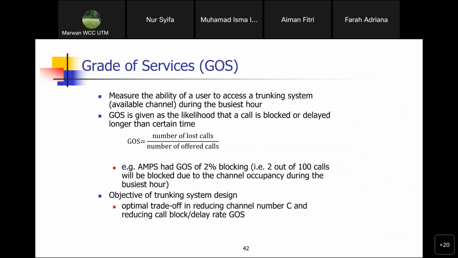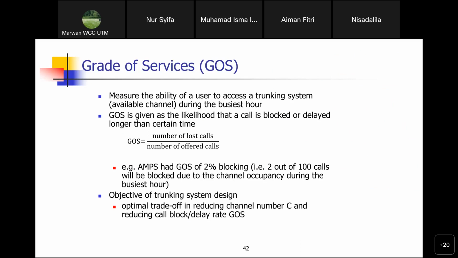GOS, or grade of service, is the measurement of the ability of a user to access the trunking system during the busy hour. It is given based on likelihood, probability, as a percentage.